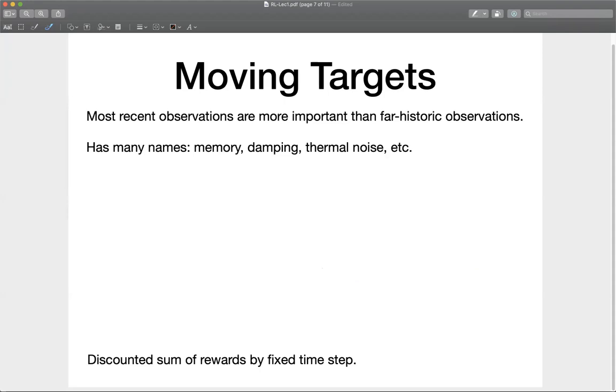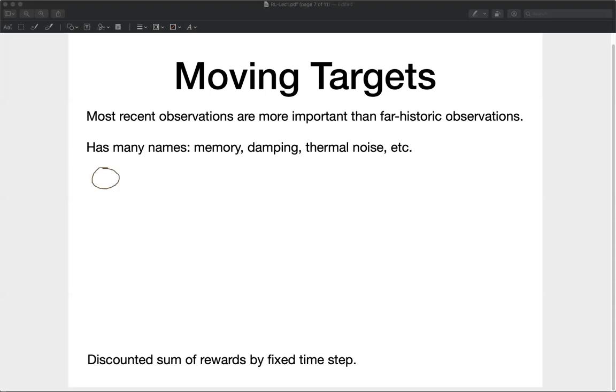To drive home that point, we write the equation here. We're going to say that Q_n is our previous estimate, our old estimate, Q_{n-1}, plus, instead of 1 over n, a fixed step size, alpha.